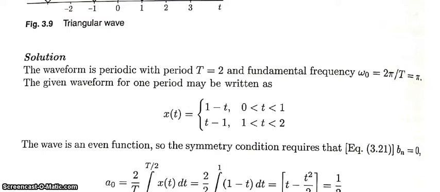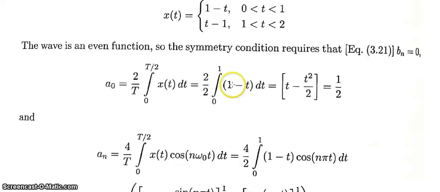And T by 2 is 1. Therefore 2 by T is 2, integral 0 to 1, and x of t in the range 0 to 1 is 1 minus t, dt. Integrating, and after substituting the upper and lower limits, we get A0 as 1 by 2.